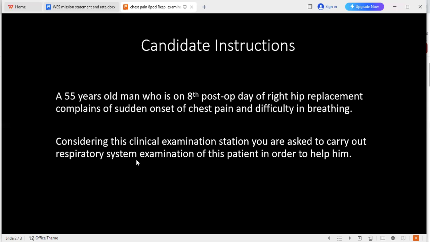Then I'll observe for clubbing, pallor, cyanosis, any lymphadenopathy, though that is a part of general examination. Then I'll observe for chest expansion, whether it is symmetric or asymmetric, or whether there is one-sided paradoxical breathing. Then I'll try to see the pattern of breathing.